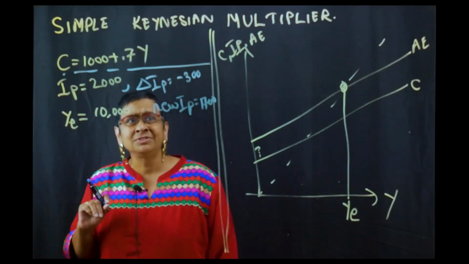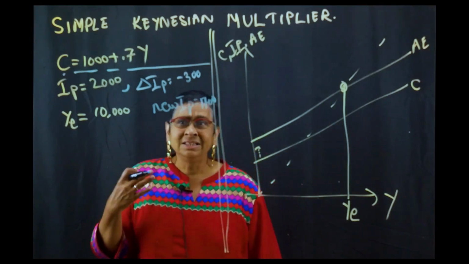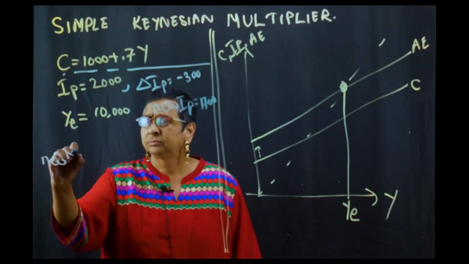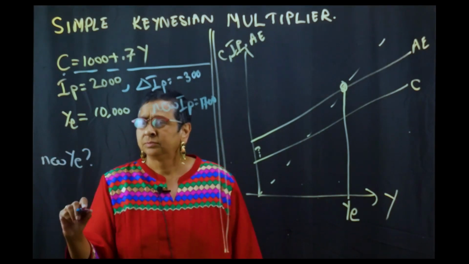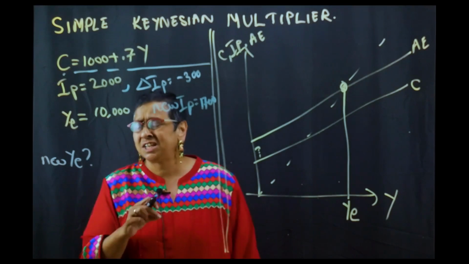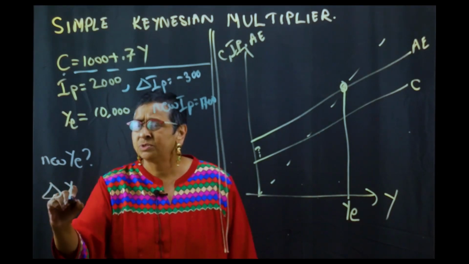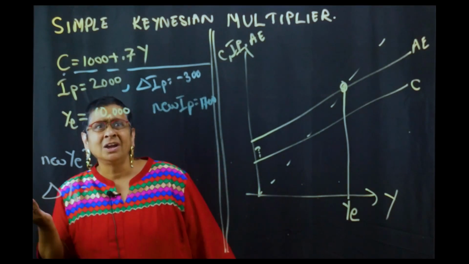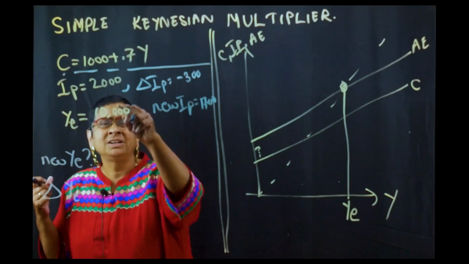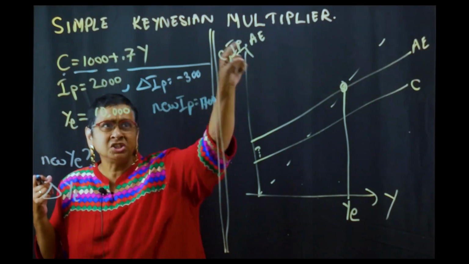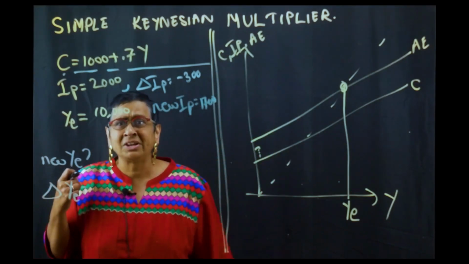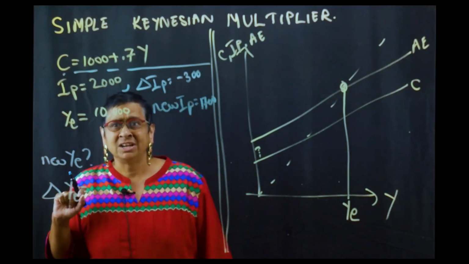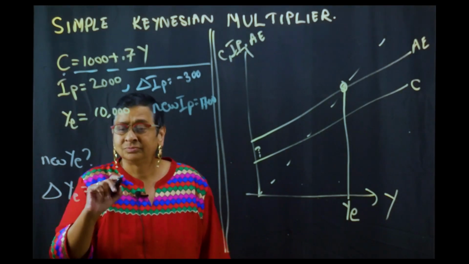And the answer is, I can figure that out by thinking of the cycle. The initial thing that's going to happen, the first impact on YE, is that there's going to be a drop of 300. So expenditure initially drops by 300. When expenditure dropped by 300, someone's income dropped by 300. That became 9,700. Right?